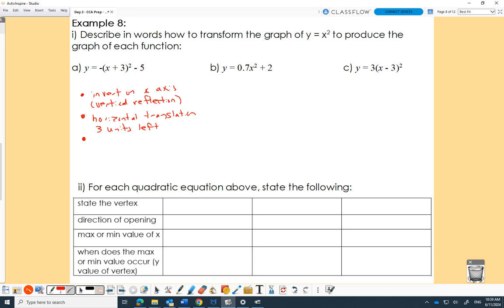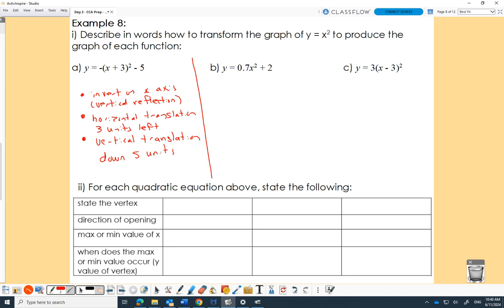You would have had all you needed. You would have went, oh, left, 3, just like ours. Yeah? Oh, vertical reflection, just like ours. So we do a lot of this stuff coming up. And what's the last thing? Vertical translation. Down 5 units. All right.